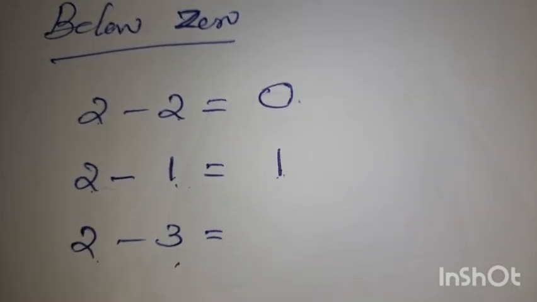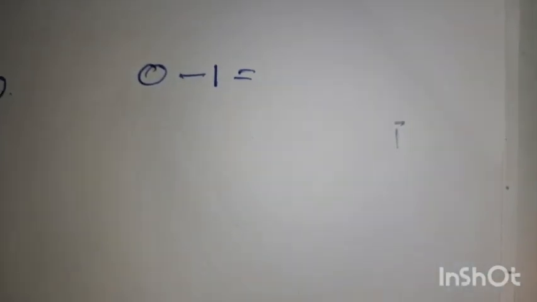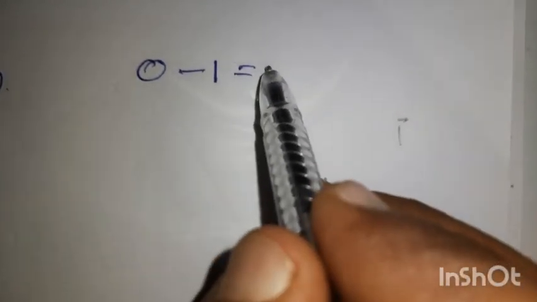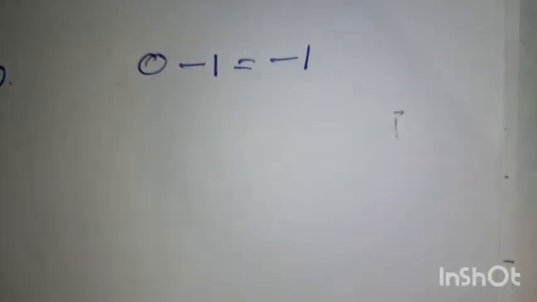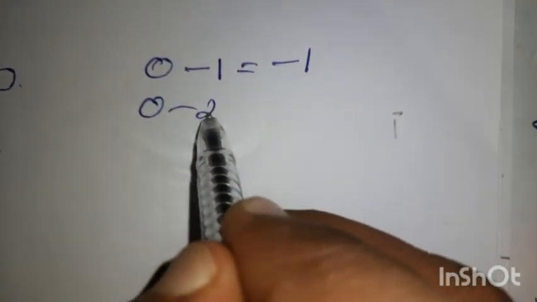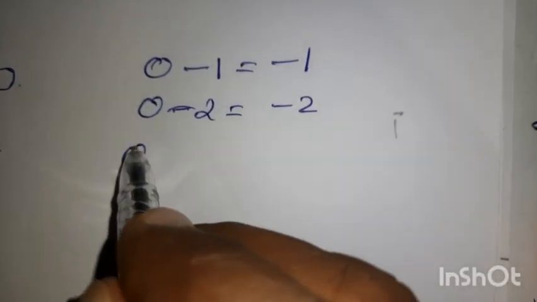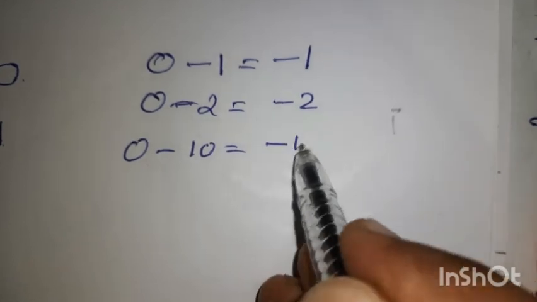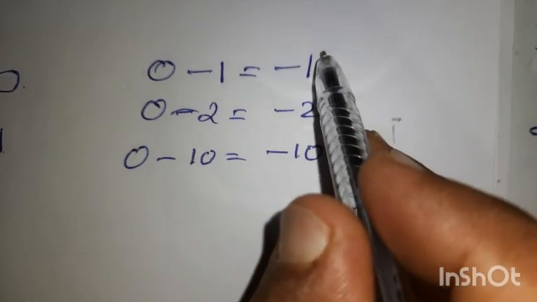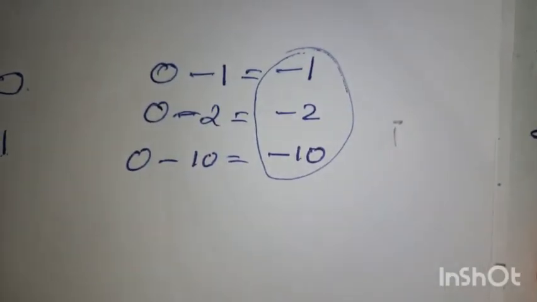Then another one, 0 minus 1, what is the answer? Any number minus 0 is that number itself, so you can write minus 1. 0 minus 2, what is the answer? Minus 2. 0 minus 10, what is the answer? Minus 10. So these types of numbers are called negative numbers.